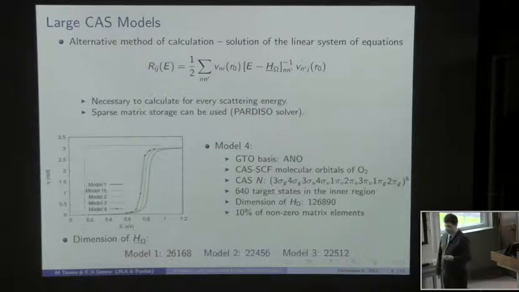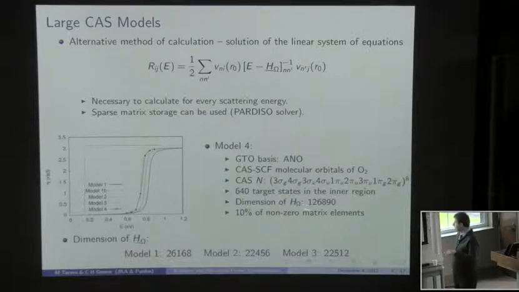I used, just as a demonstration, this approach to check whether in these models where I use the neutral orbitals, I'm not missing something important, or how far I can go, and how the position of the resonance will decrease with the increasing number of orbitals.